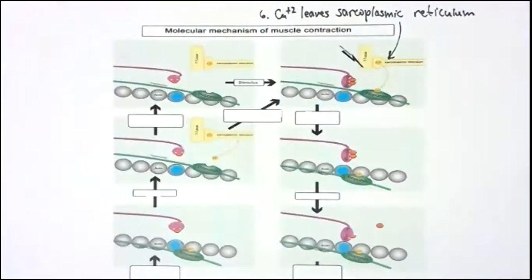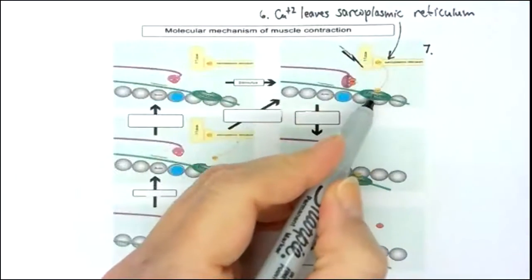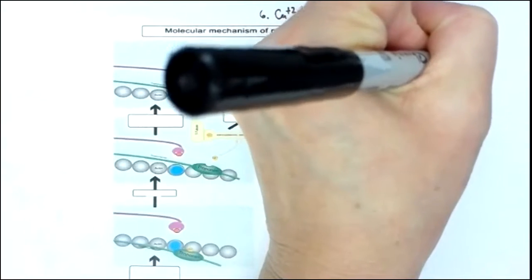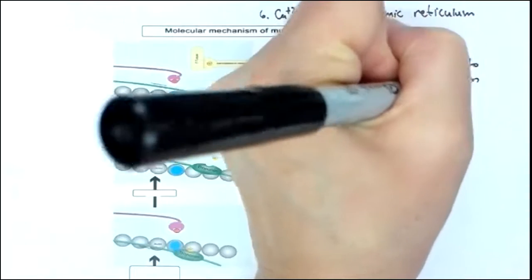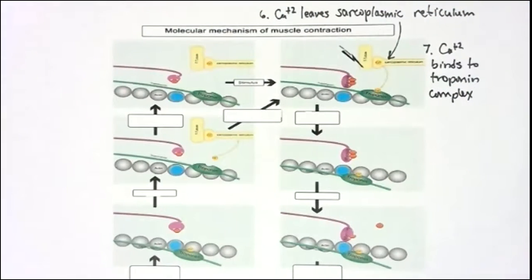So here we go, step number 7. The calcium is going to bind to the troponin complex.